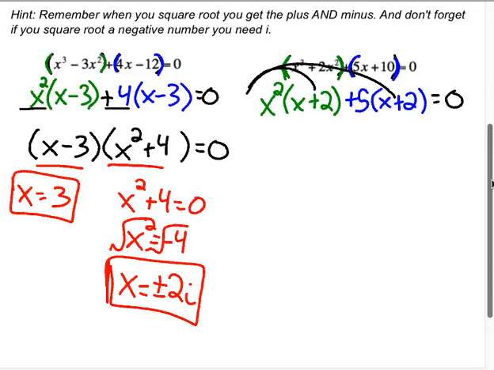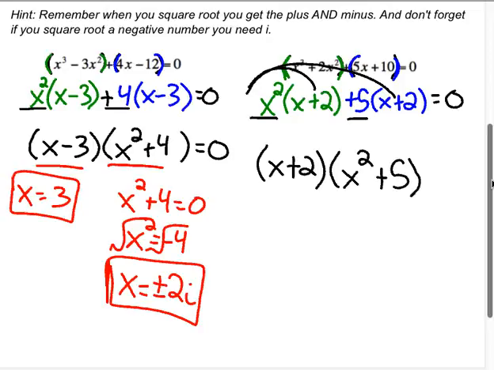So I'm pulling that x plus 2 out front, and the x squared plus 5 is left behind. When I say left behind, I mean it forms that second parenthesis for you. Again, not difficult by any means. You just have to remember that process.